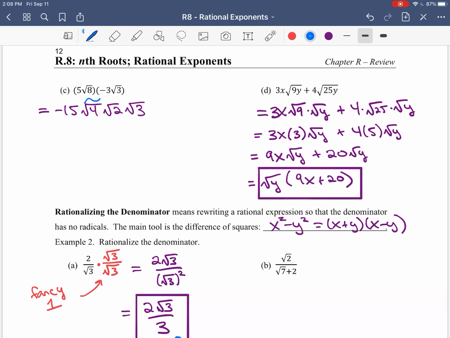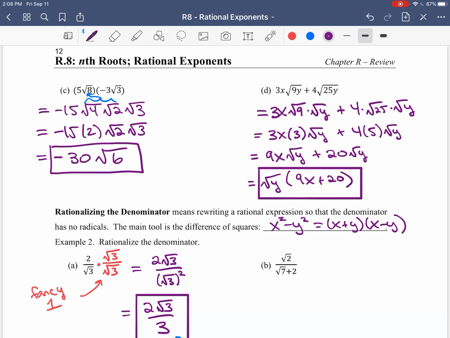Root of 4 is 2, so this is negative 15 times 2 times root of 2 times root of 3. That's negative 30, and then root of 2 times root of 3 we can put together as root of 2 times 3, or root 6. So we get negative 30 root 6.